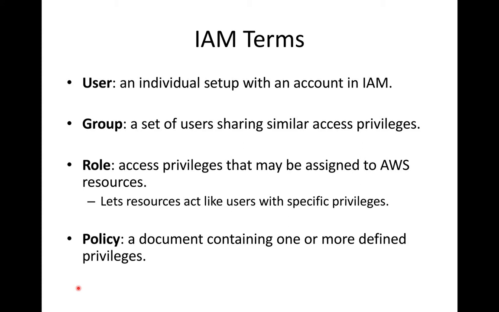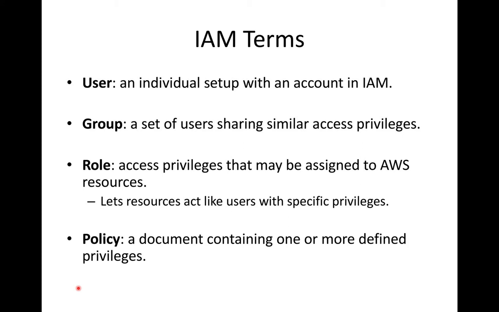A group is a set of users that share similar access privileges. You might set up a development group or a testing group or a system administration group, and then you would associate individual users with a particular group. You can then assign a policy to a group, and that policy is then associated with all the users that are a member of that group.